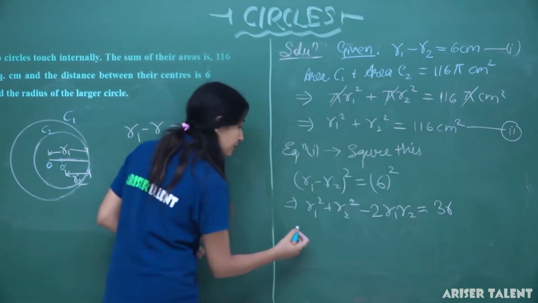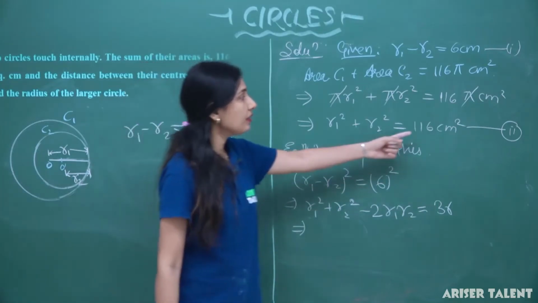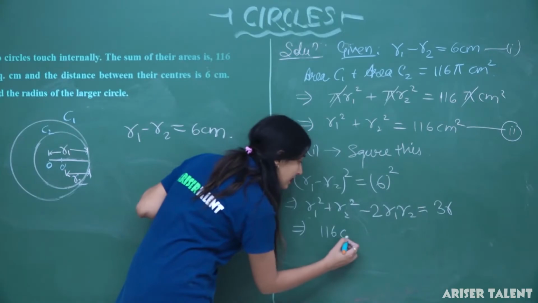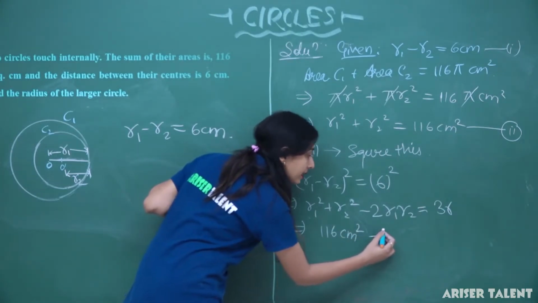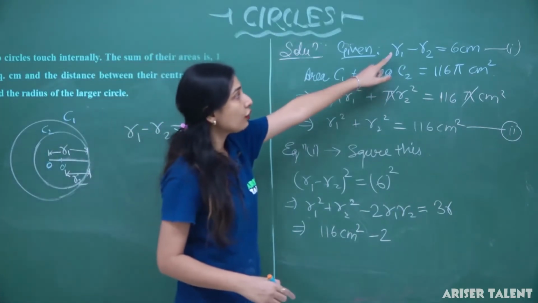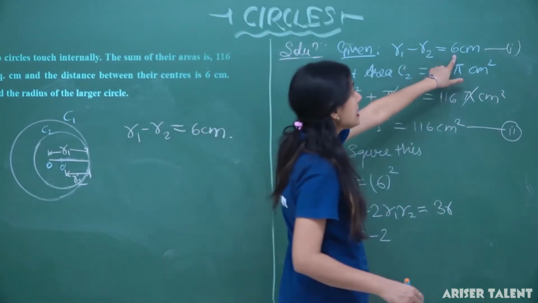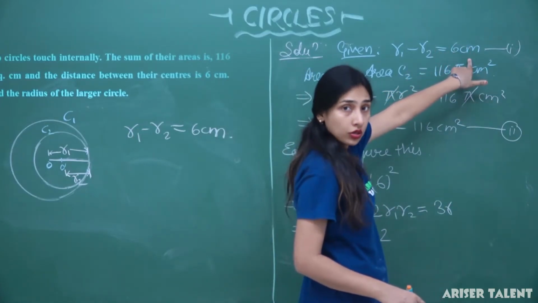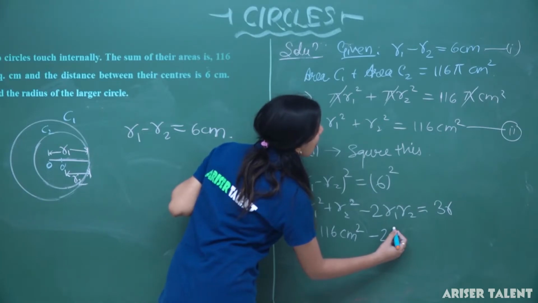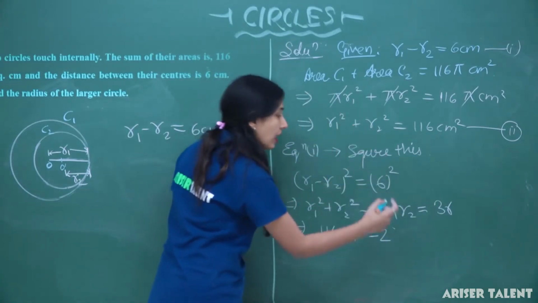It will be equal to 36. This will give you, what is the value of r1 square plus r2 square? It is given 116 centimeter square to you. So 116 centimeter square minus 2 r1 r2. Now from this equation, what do you get? r1 can be written as 6 centimeter plus r2, right? So I am replacing the value of r2.